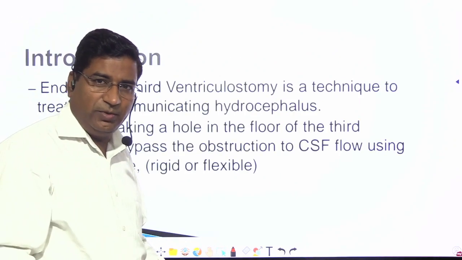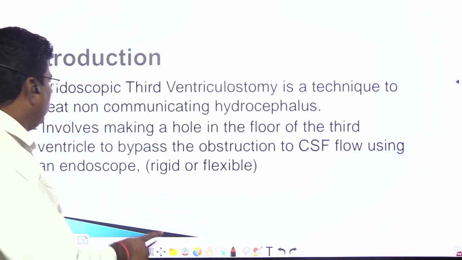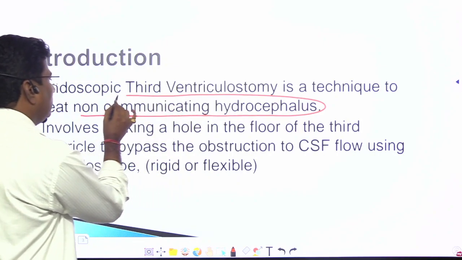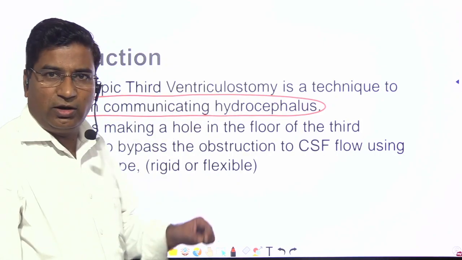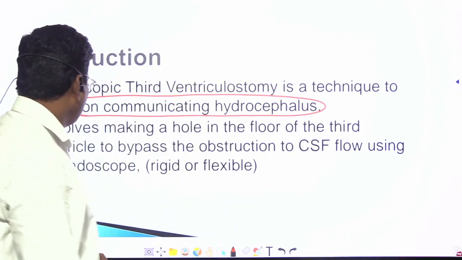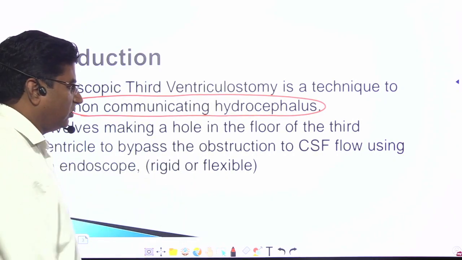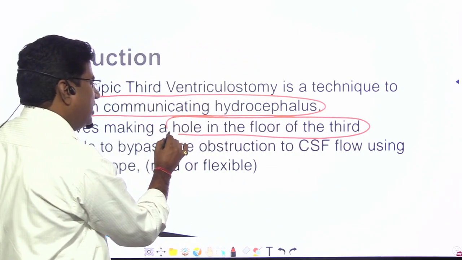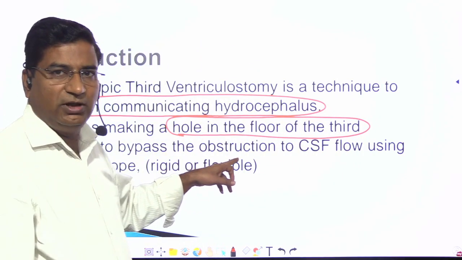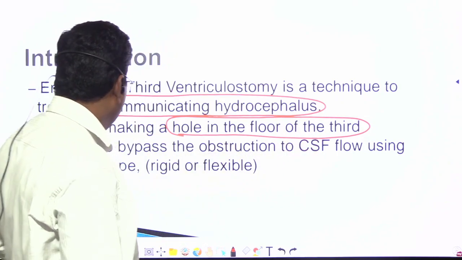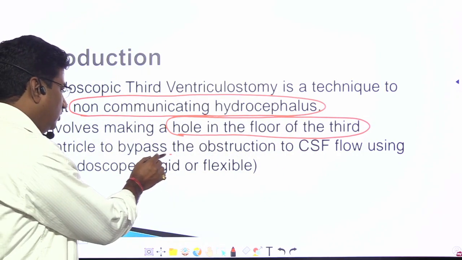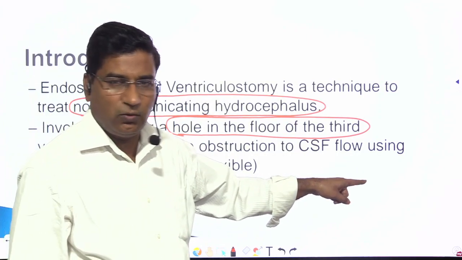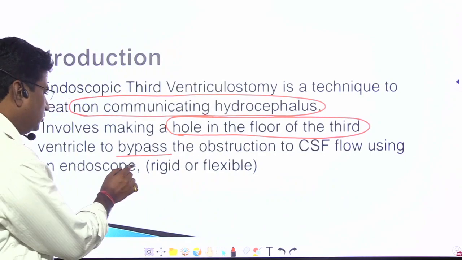Endoscopic third ventriculostomy is a technique to treat non-communicating hydrocephalus. It involves making an artificial opening in the floor of the third ventricle to bypass the obstruction to CSF flow, using an endoscope.